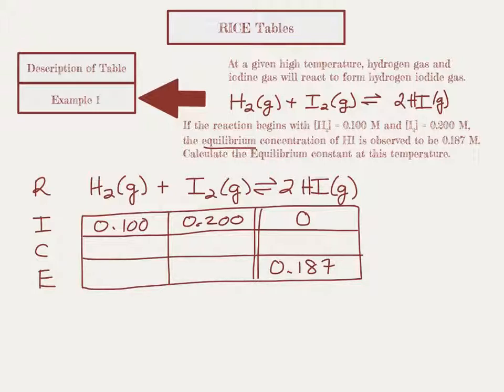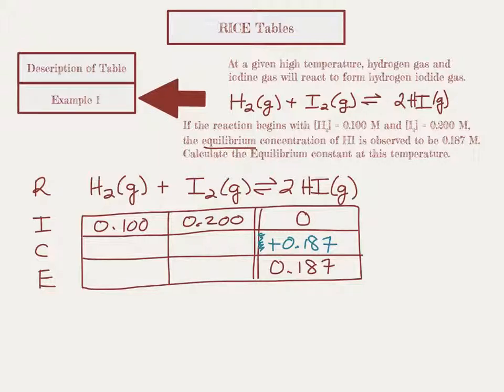Now that we have all of our information organized into when those concentrations are happening, we can start to puzzle out what changed. The easiest thing that I'm seeing right now is that we went from having no HI to having a concentration of 0.187. So the change I'm seeing there is an addition of 0.187 molarity. Now I'm starting to think about, well, where did that come from?